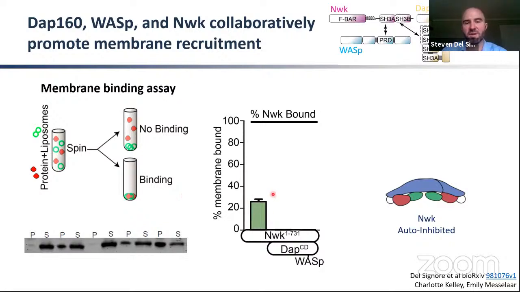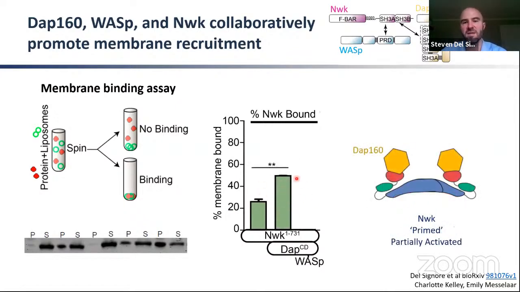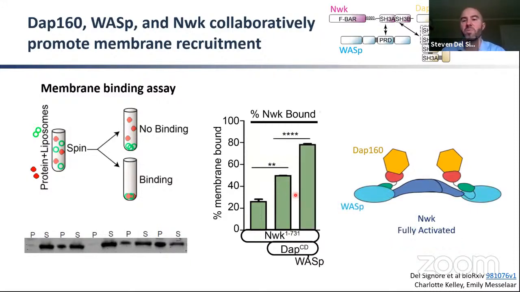And what you can see is that nervous rec alone binds membranes fairly poorly because it's autoinhibited. Adding DAP160 enhances membrane binding, but adding DAP160 and WASp increases binding. This is actually to a maximal level. So this is the same degree of binding as the uninhibited bar domain alone. So suggesting that the proteins, when they're all together, they're driving maximal membrane recruitment.